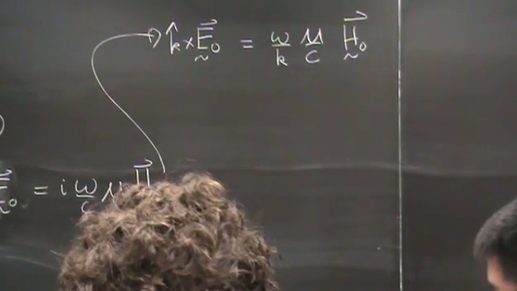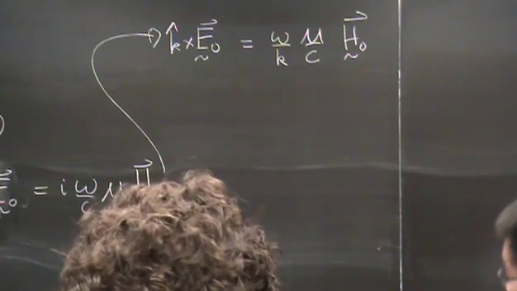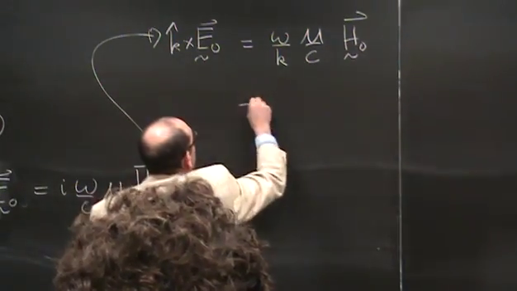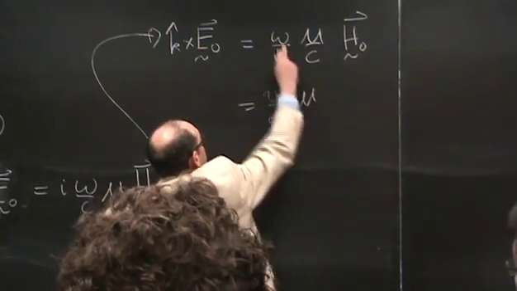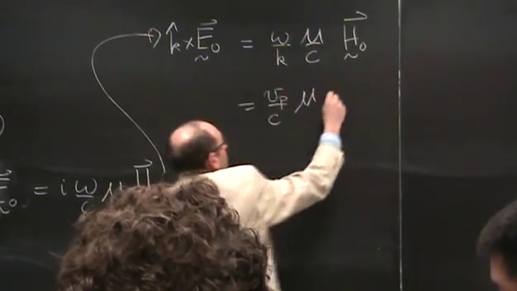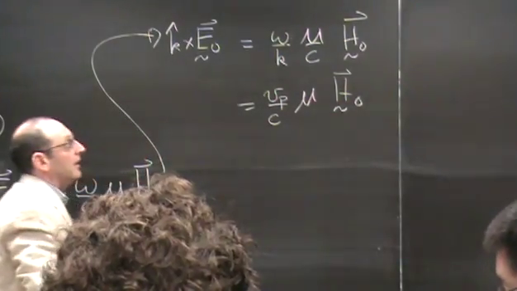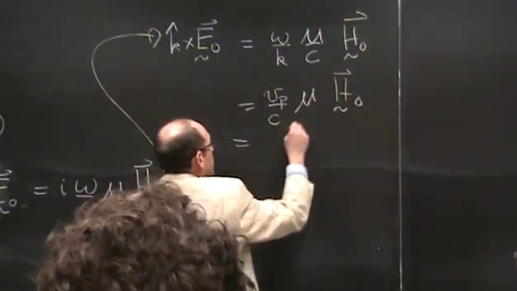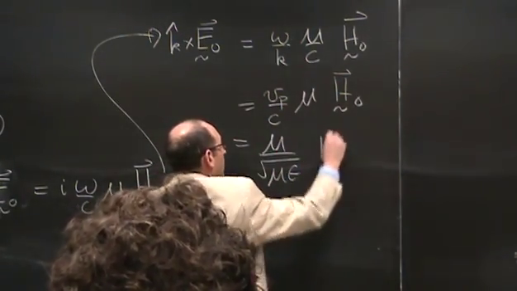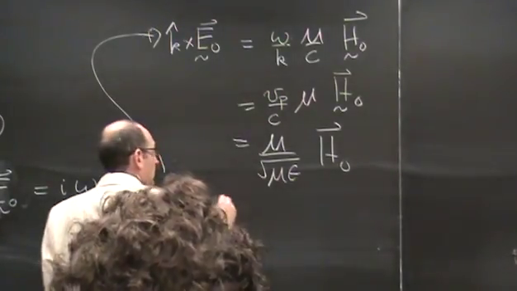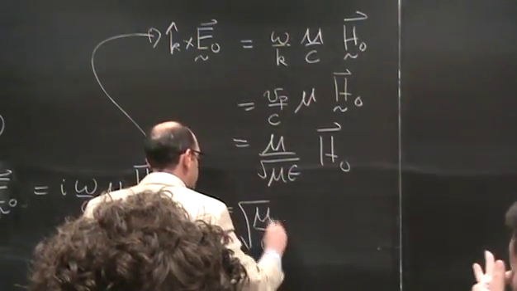Okay, dividing by the magnitude of k, canceling out the i. So this is equal to, we just said, the phase velocity over c. Omega over k is the phase velocity, times H naught tilde, which we said was equal to the square root of mu epsilon, or the square root, therefore, of mu over epsilon.